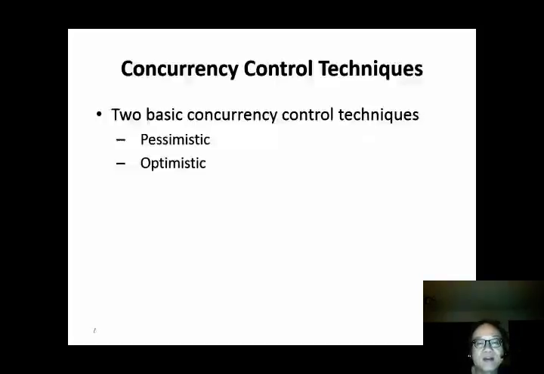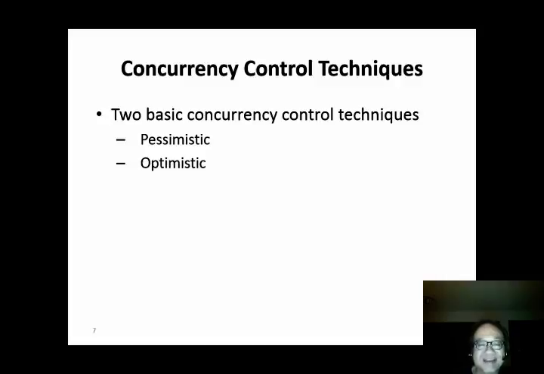There are two commonly used concurrency control techniques, pessimistic and optimistic. With the pessimistic concurrency control, we assume conflicts will happen, so we'd better be careful. We will take measures to avoid conflicts.